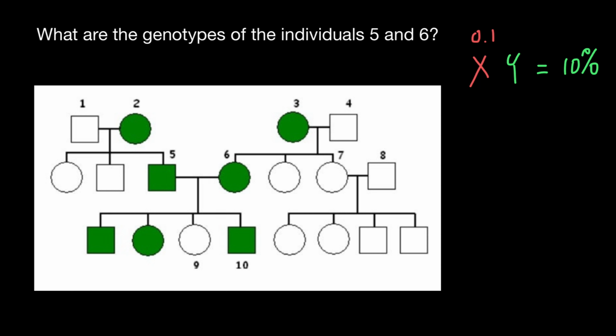But females have two X chromosomes, and the probability for them to get two defective X chromosomes would be 0.1 times 0.1, which is equal to 1%. So as you see, if a trait is X-linked, then in this example we are going to see 10 times more affected males than affected females.